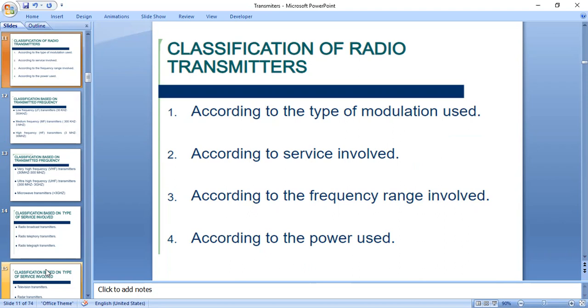According to the service used, we can classify them into broadcast AM transmitters, telephone AM transmitters, radio telephone transmitters, radio broadcast transmitters, and radio telegraph transmitters.